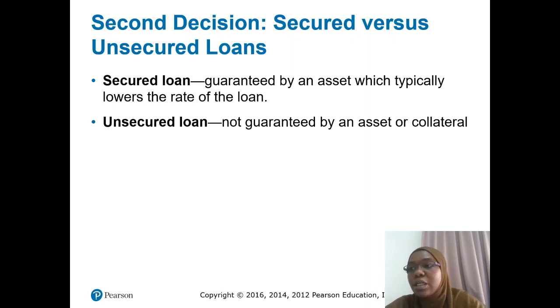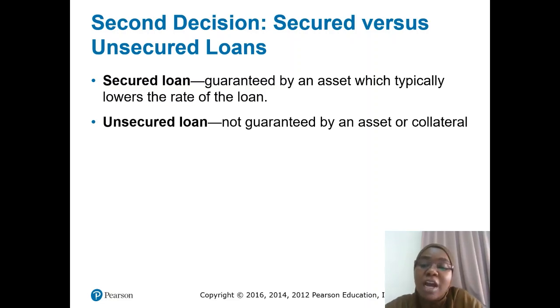So this is another thing that you have to look into before you go for your loan acquisition. If you can't meet the loan payment, then the item that you used for collateral in the case of the secured loan will have to be sold. All right, it will have to be sold and used to cover the amount that is being owed.